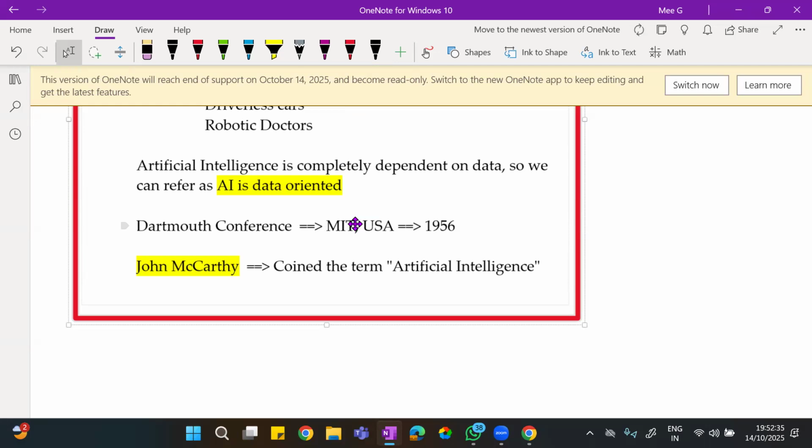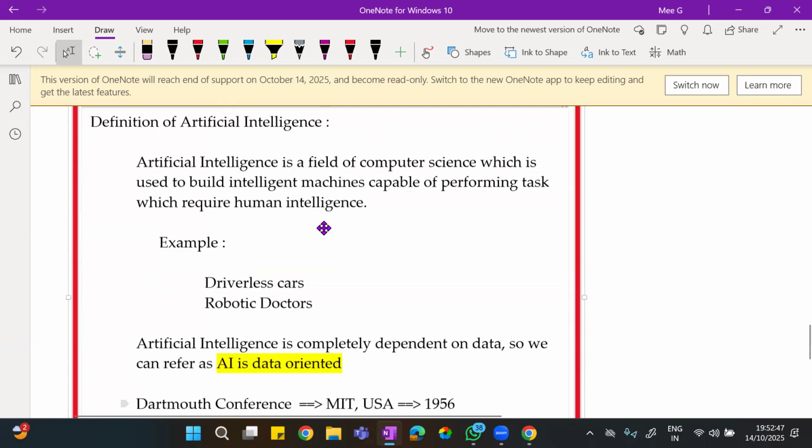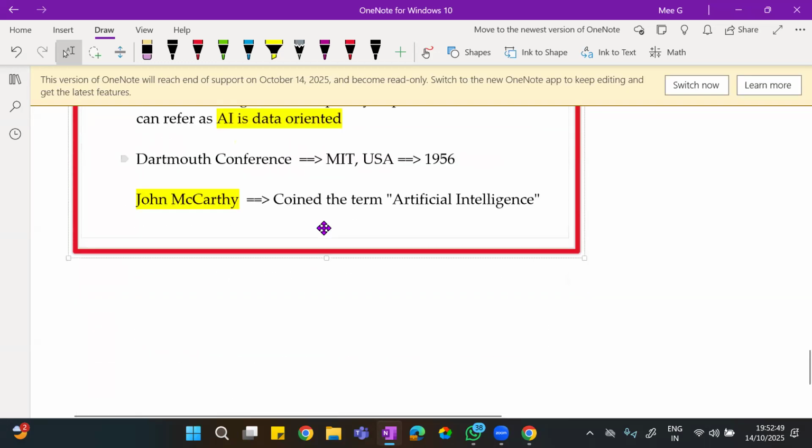That's what was done. And this was actually a revolutionary conference, they say. And from there on, people started working on artificial intelligence.